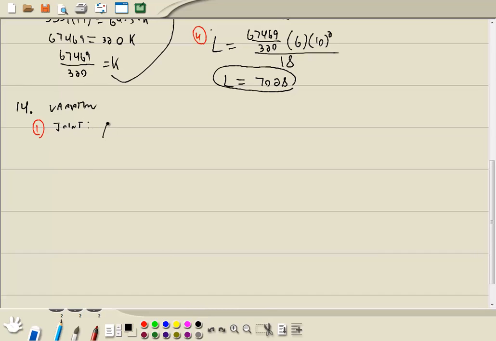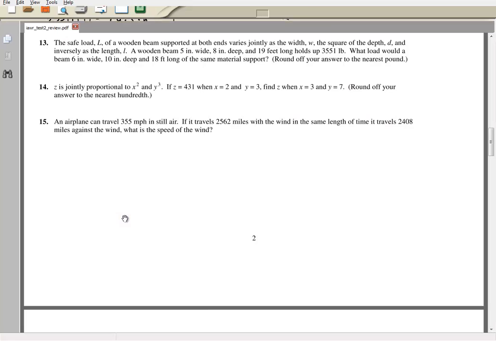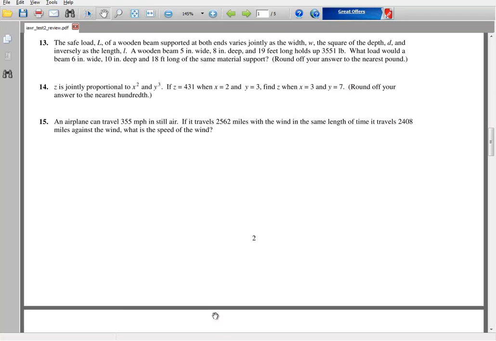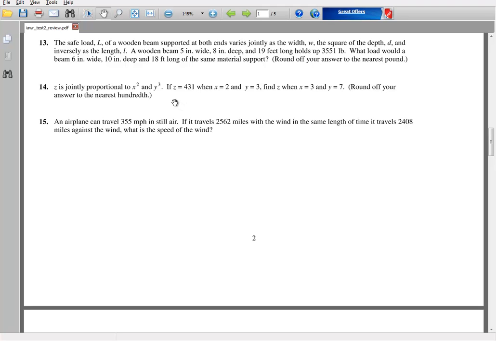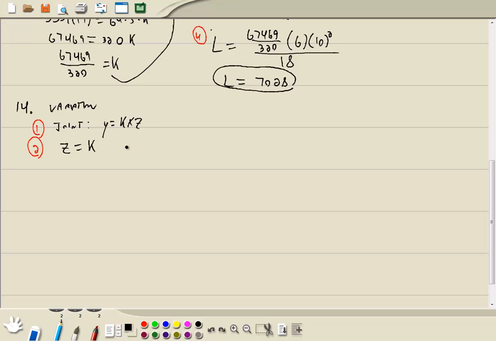Now again, joint is typically of this form, y is equal to kxz. I'll pick variables that make sense. So we got z is directly proportional to x squared and y to the third. So x squared and y to the third.